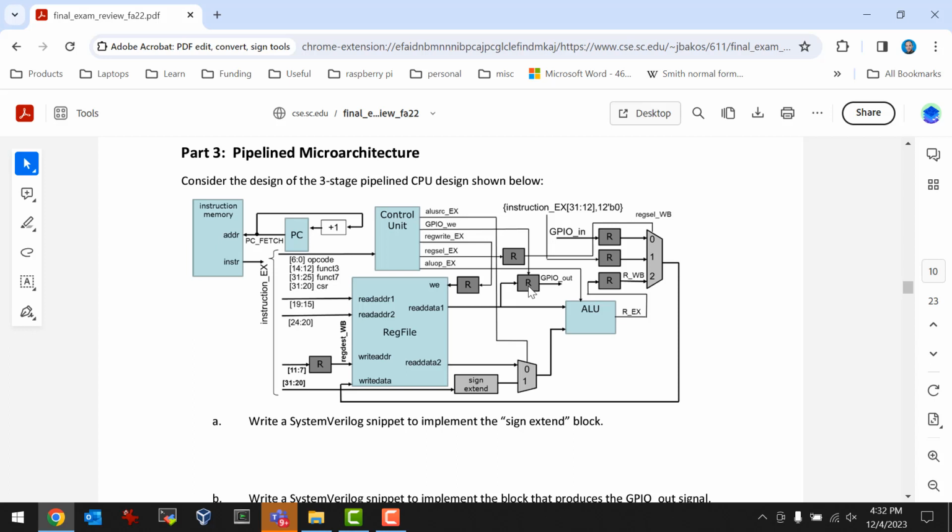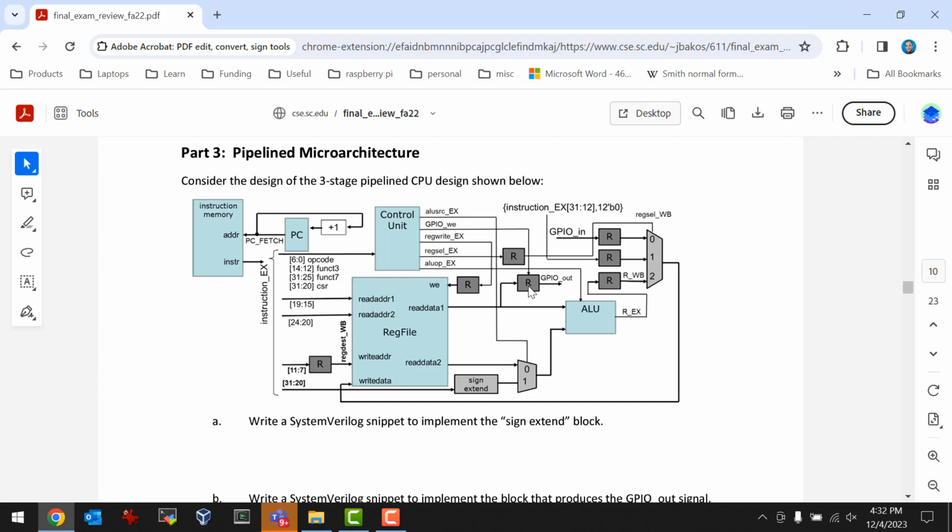So it's basically always flip-flop, sorry, posedge clock, if GPIO write enable.